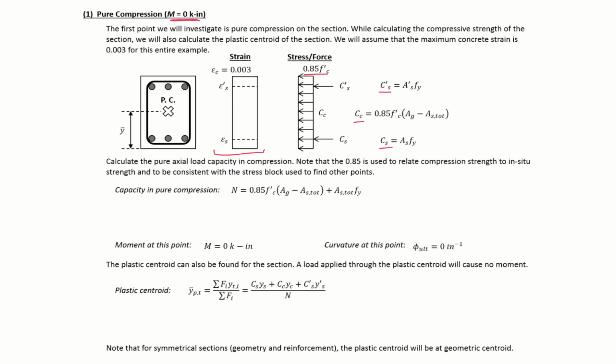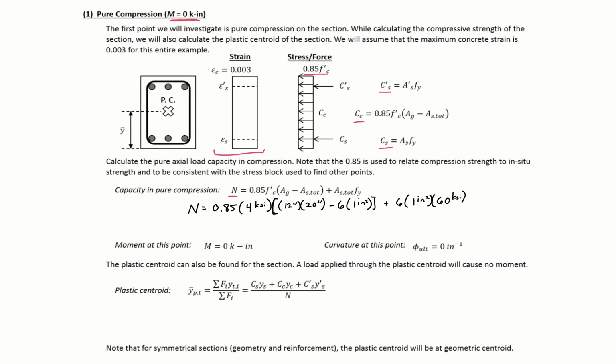So we have 3 forces, or we can put them together to find our total force N. So we'll find our N is equal to 0.85 times 4 ksi times our gross area, which in this case is 12 inches times 20 inches, minus our total area of steel, so 6 number 9 bars, plus our 6 number 9 bars times our Fy, which was 60 ksi.